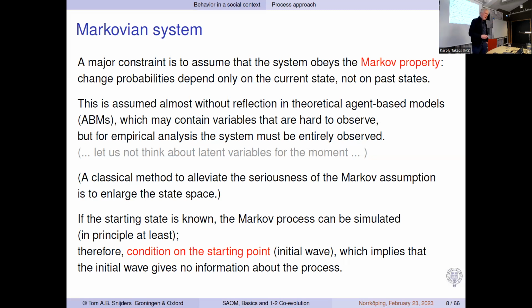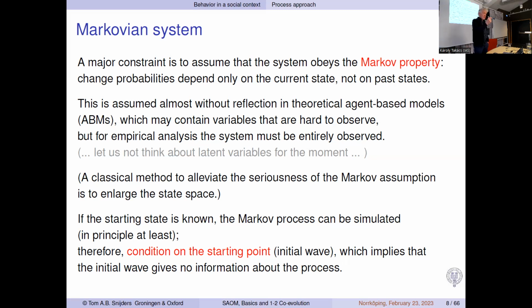And as a matter of fact, in many agent-based models, which are not of the statistical kind, nevertheless, this assumption is made that you've got a state, and that state determines the probabilities of change. For statistical models, moreover, you must be able to observe the entire state.